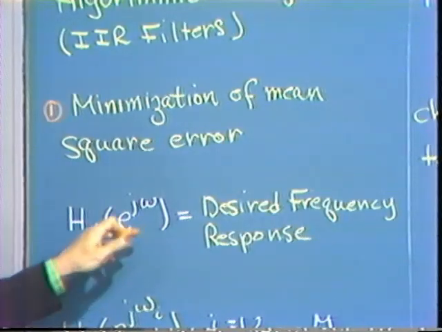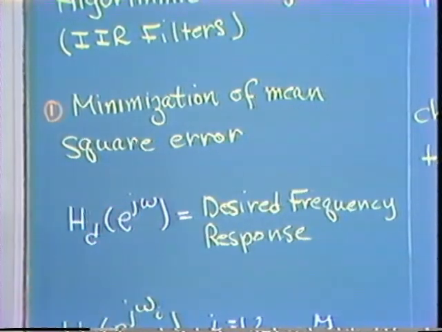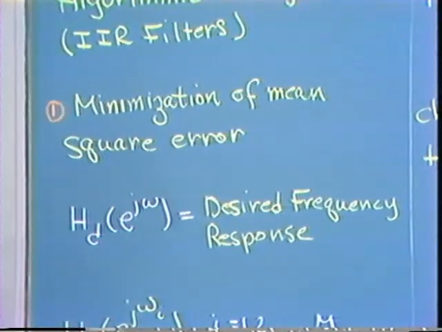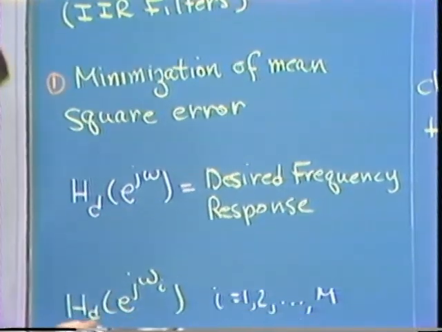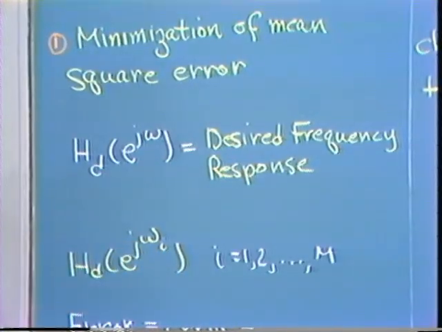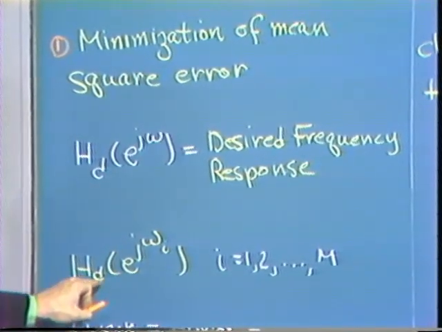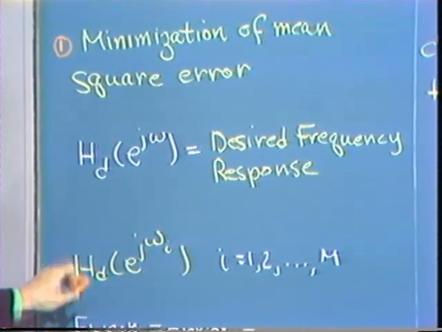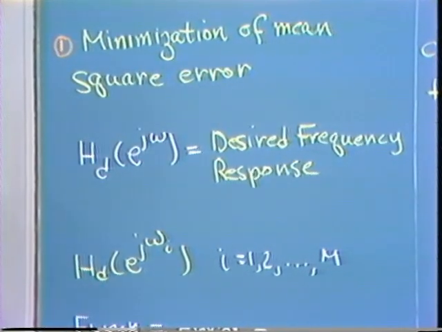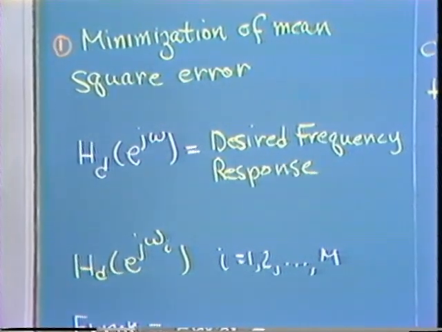It, of course, isn't possible to attempt to do that at an arbitrary number of frequencies, so we can pick out some set of frequencies, omega sub i, at which we would like to minimize the error between the desired frequency response and the actual frequency response.